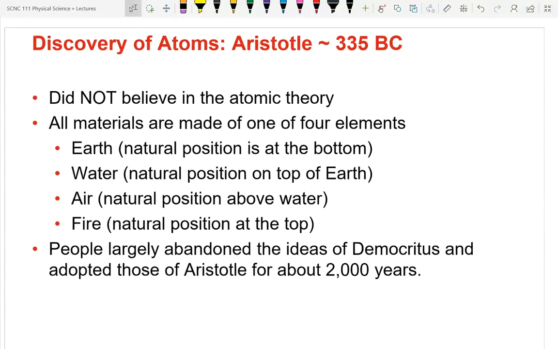Then we enter Aristotle, once again, far before the birth of Christ. By the way, sometimes you see BC and sometimes you'll see BCE. What does BCE mean? Before Common Era. What's the difference in BC and BCE?